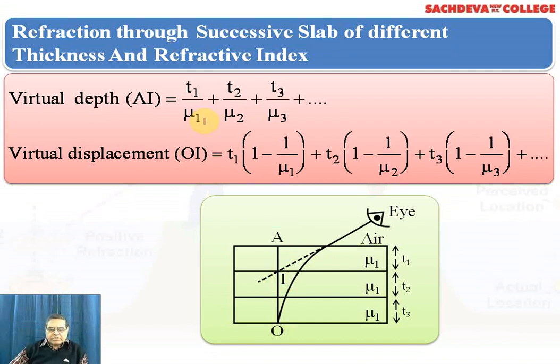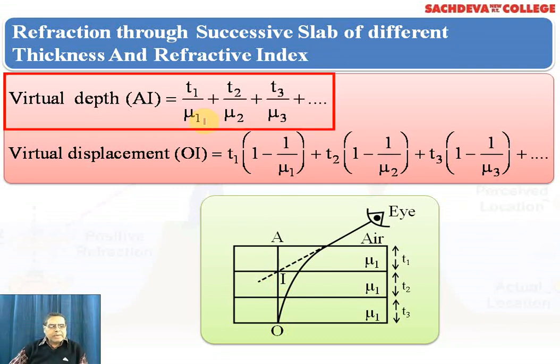Refractive indexes are not changing, but thicknesses are T1, T2 and T3. So virtual depth AI, according to the figure, is T1 over mu1 plus T2 over mu2 plus T3 over mu3.